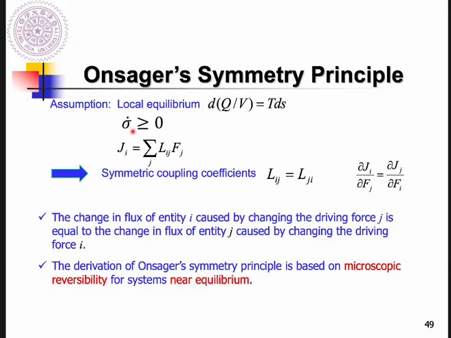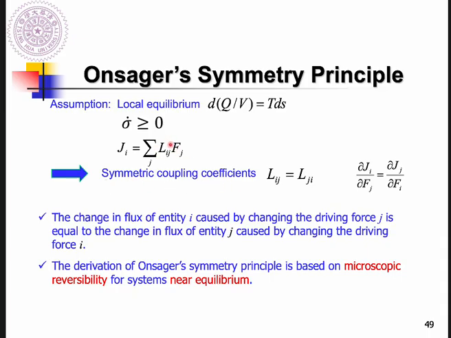And sigma dot, which is the rate of entropy production per volume, is larger than or equal to 0. And as we mentioned, the flux-force equation is like this. And we find that we do have a symmetric coupling coefficient.